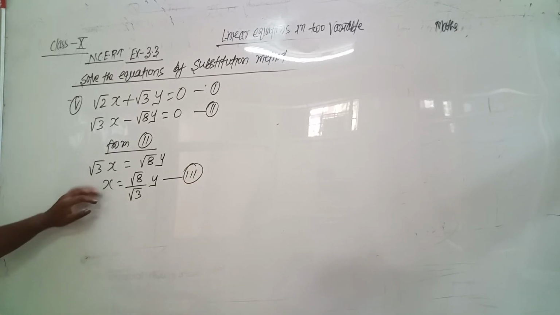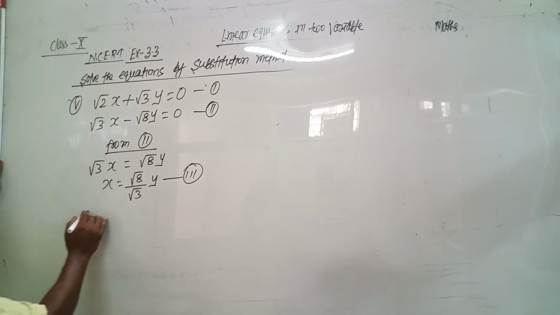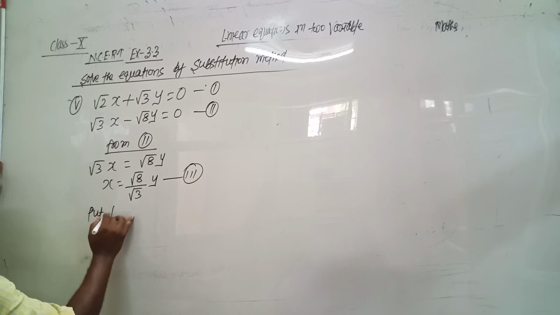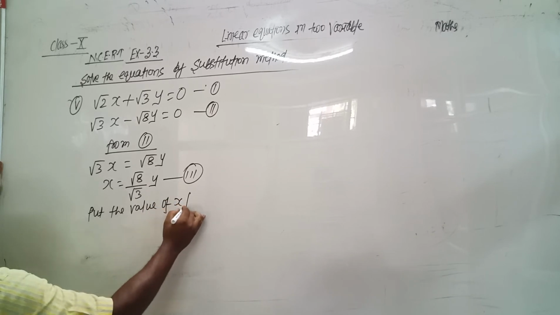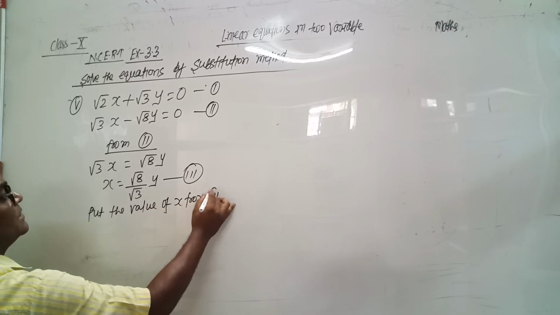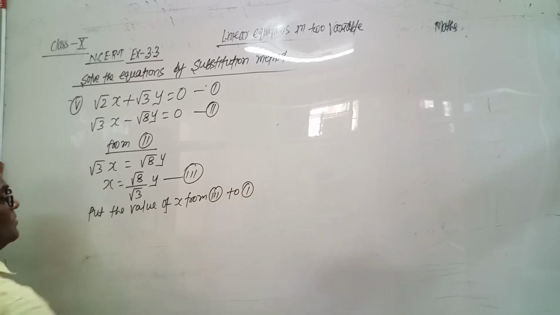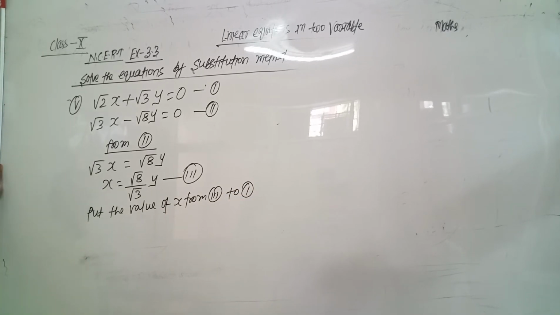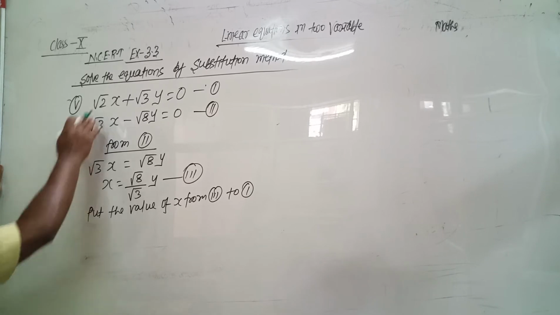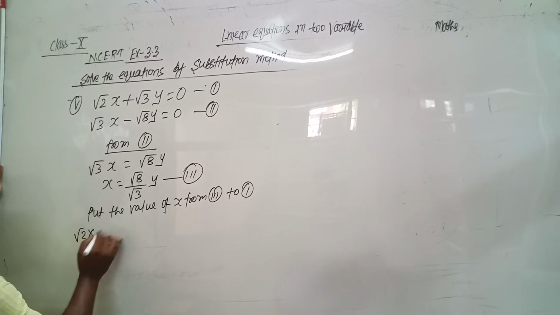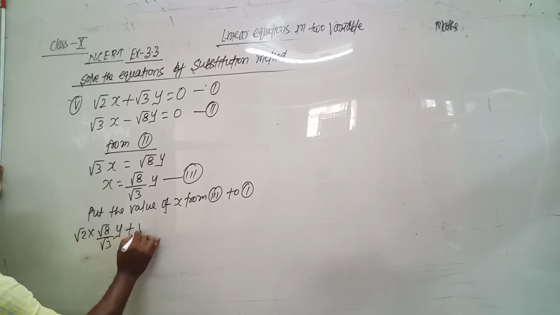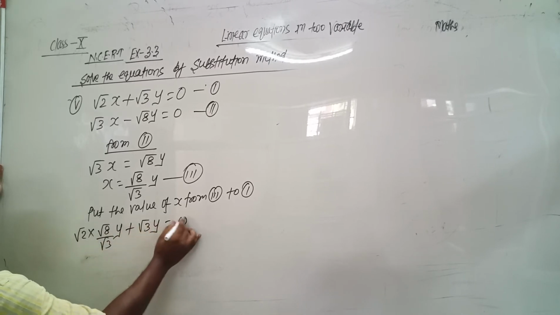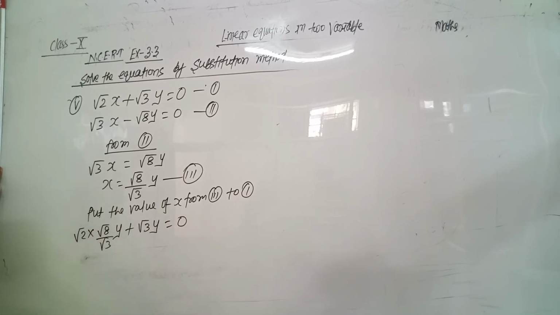Now put the value of x from equation third to equation first. So root 2 into the value of x, root 8 by root 3 into y, plus root 3y equals 0, and from both the terms we take y common.